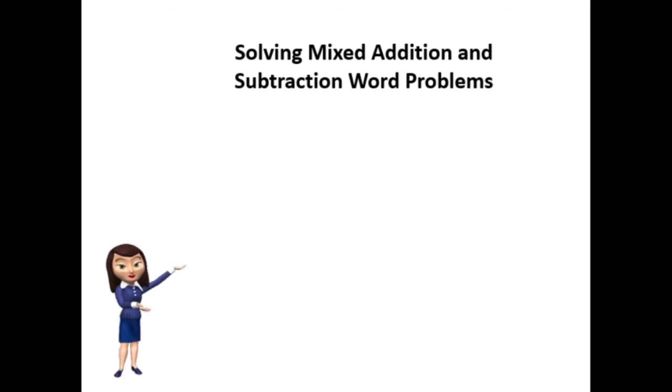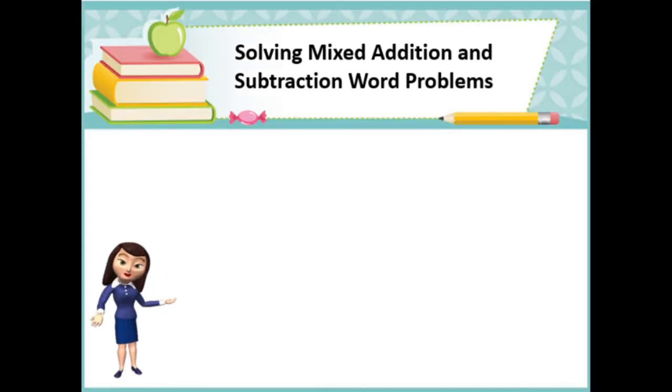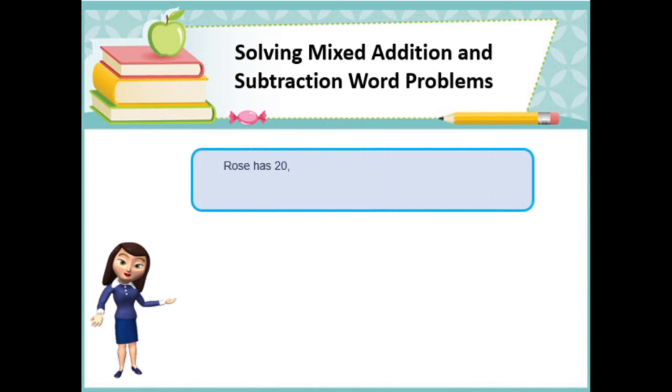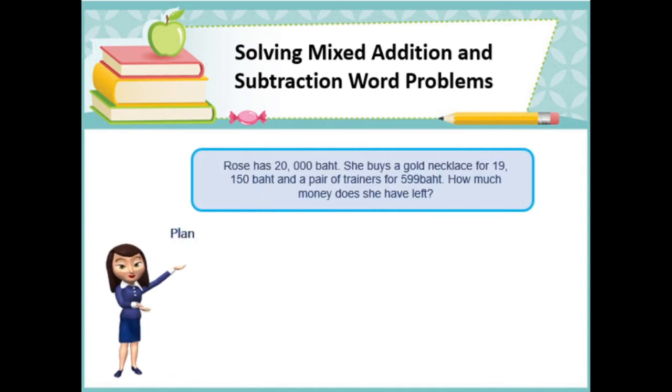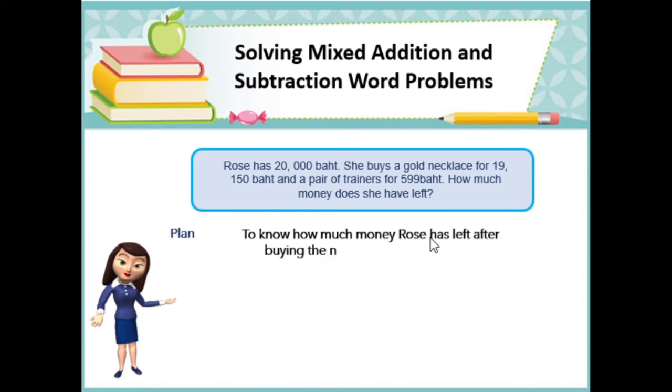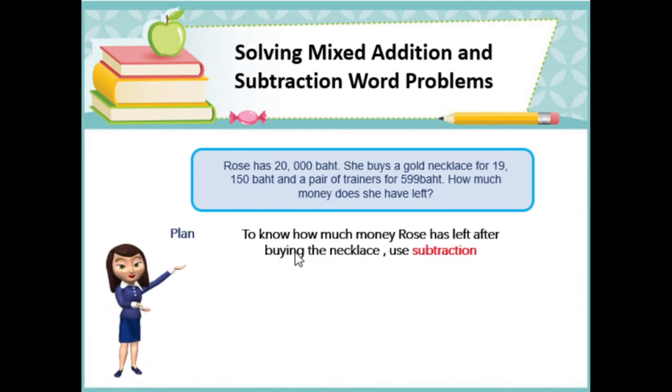Next, step 2. Step 2 is to plan. How do we solve the problem? That is by making a plan. And to know how much money Rose has left after buying the necklace, let's use subtraction.